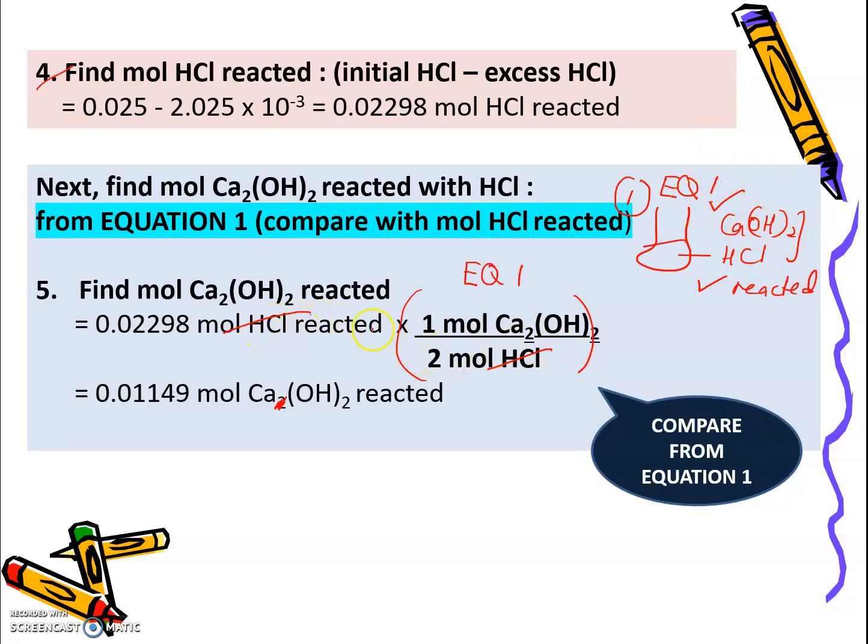Okay, so don't forget to write the substance. For example, 1 mole calcium hydroxide over 2 mole HCl, times mole HCl reacted. So we want to cancel the unit HCl to find the desired unit mole calcium hydroxide reacted. So don't forget to write the mole of substance because there are 2 comparisons.